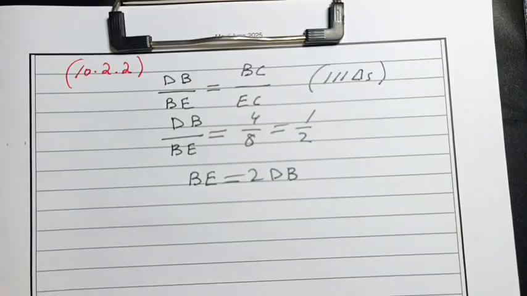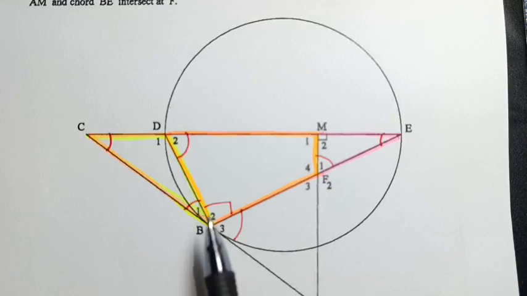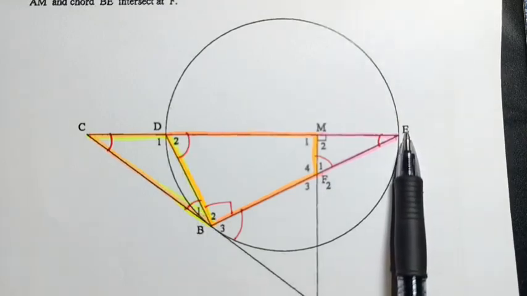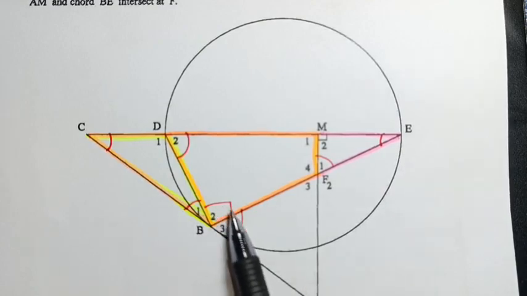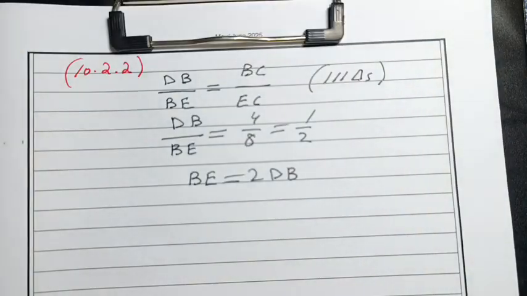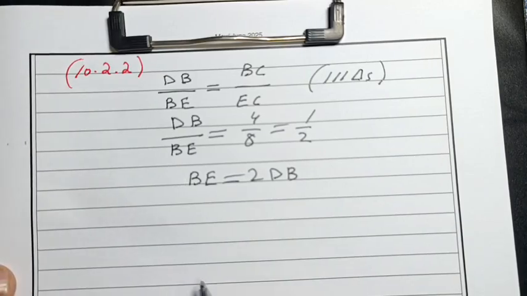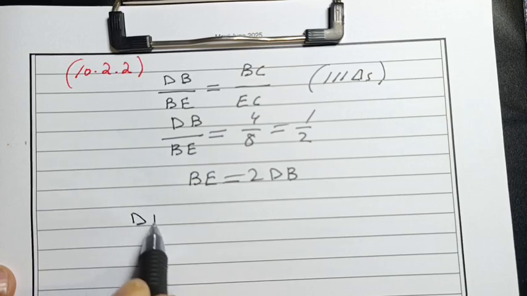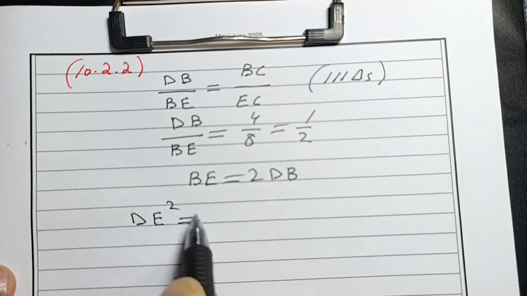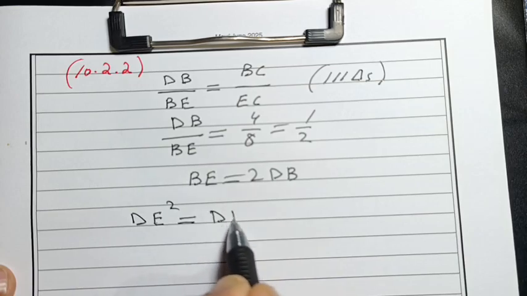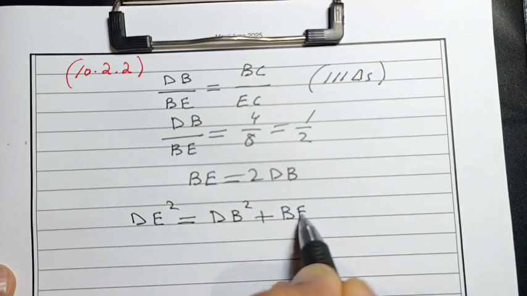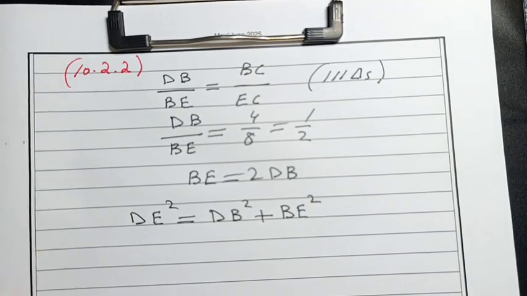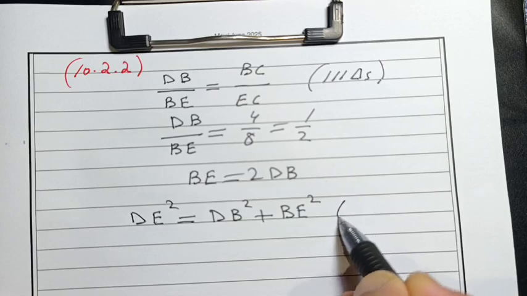Right. Now I can use Pythagoras here. DE squared is equal to DB squared plus BE squared. Pythagoras, because there is a 90-degree triangle.